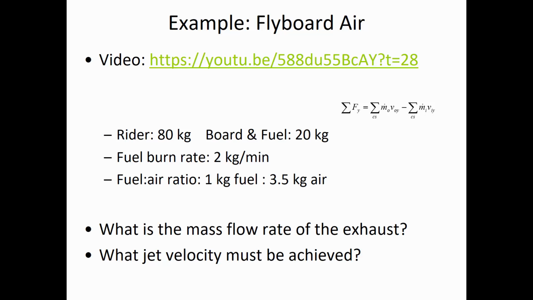Okay, so the mass flow rate of the exhaust that's coming out, the mass flow rate out is going to be 2 kilograms per minute, and in 1 minute there's 60 seconds, and then the mass flow rate has 4.5 kilograms of exhaust for every 1 kilogram of fuel, because the 2 kilograms per minute, it was 2 kilograms of fuel.